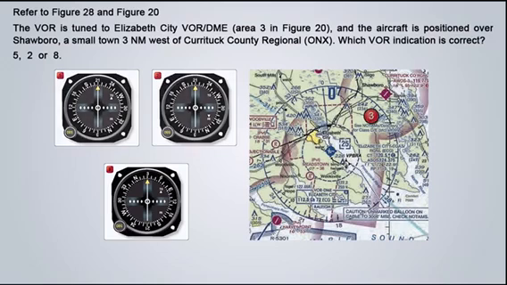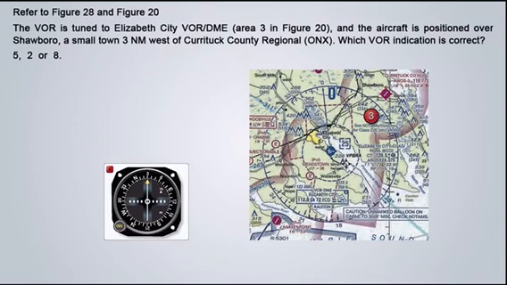Let's start with VOR number 8. First, we look at the flag, which as you can see, points straight up. And because the needle is centered, the number we're looking for to fly directly to the station would be straight up from the middle of the instrument. In this case, that number is 030.